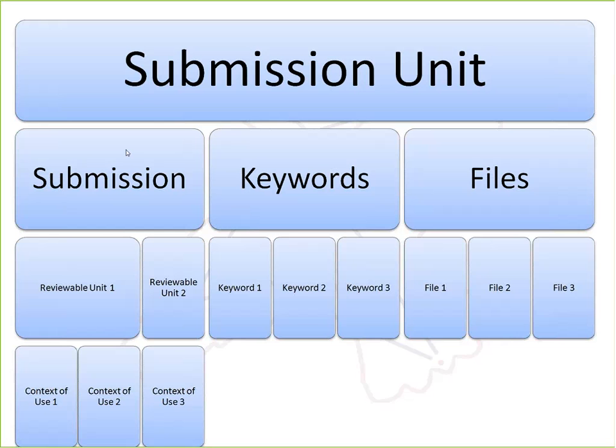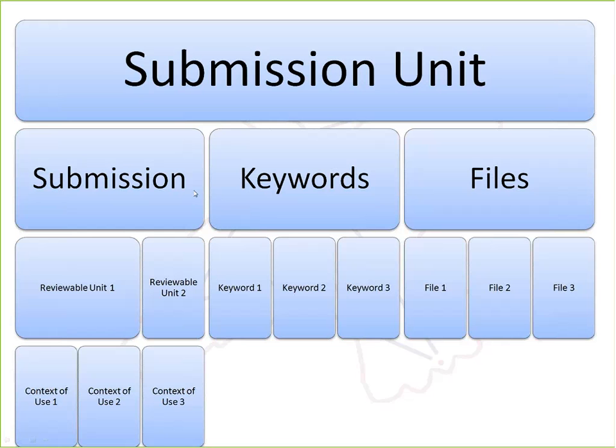So this is just a general overview of an RPS. You have your submission unit, so one sequence, or one application. You have a submission, which is how everything is hooked together.